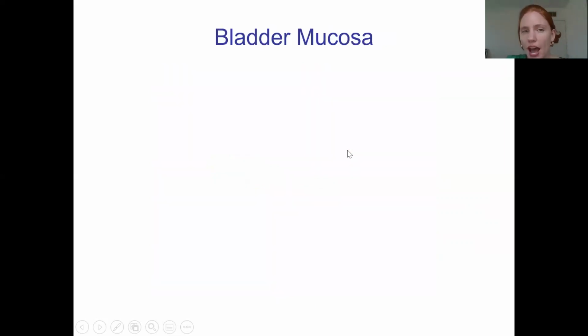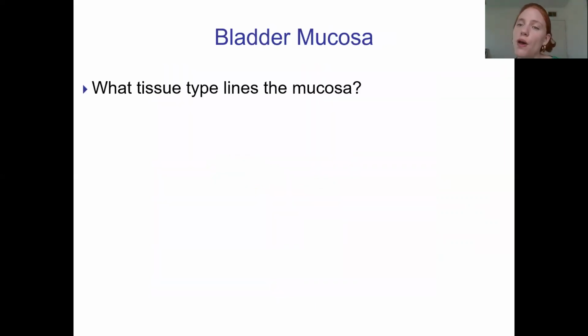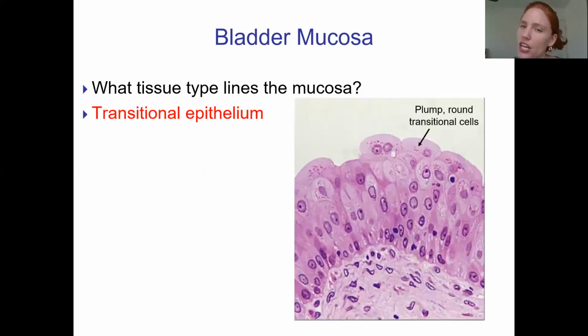It also has a very specialized mucosa lining. It has a special type of epithelial tissue that is only found in the bladder. Do you remember what that was? Starts with a T. Transitional epithelium. Why is it called transitional? It's going to transition, which means that it changes.